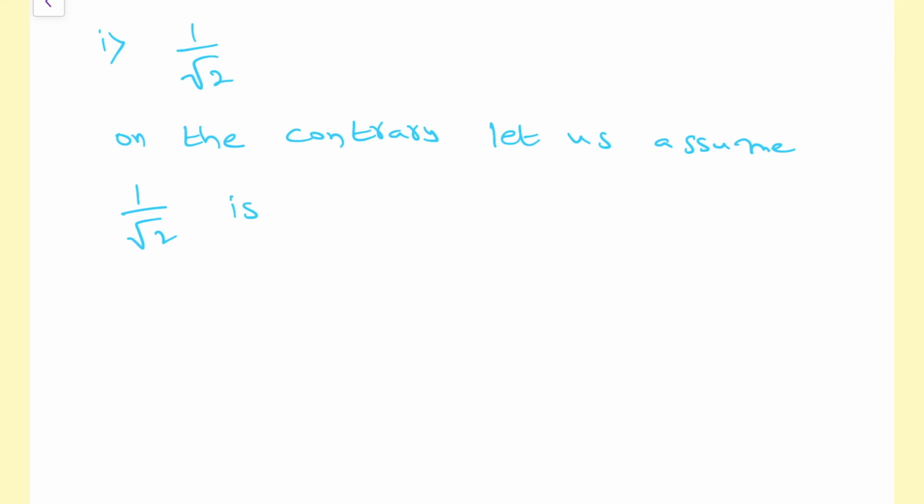So first, as usual, on the contrary, let us assume 1 divided by root 2 is rational.